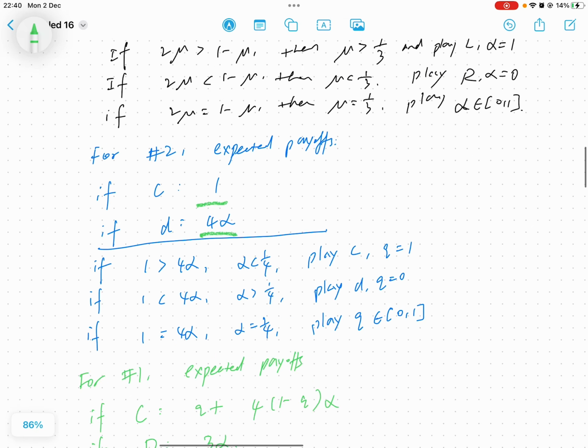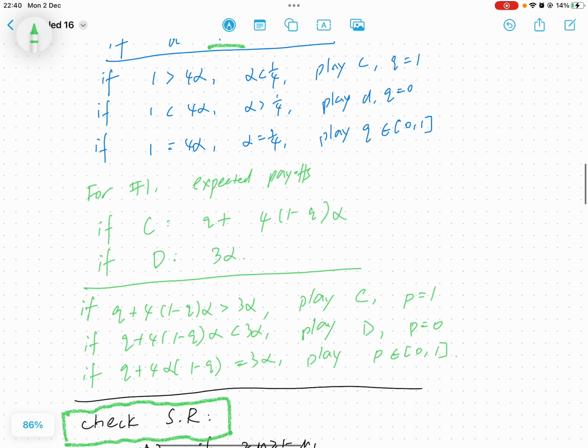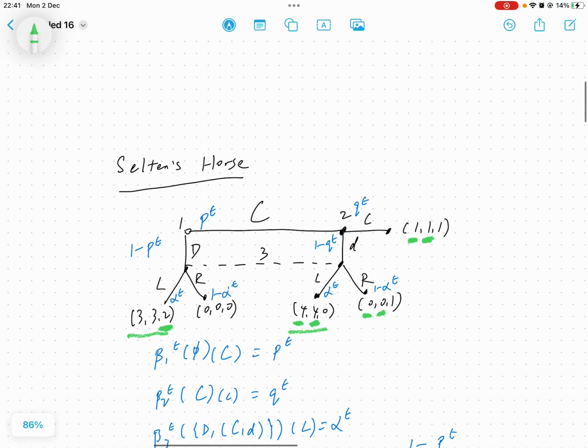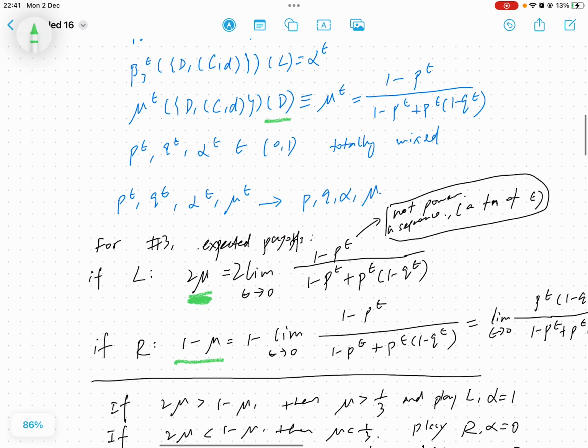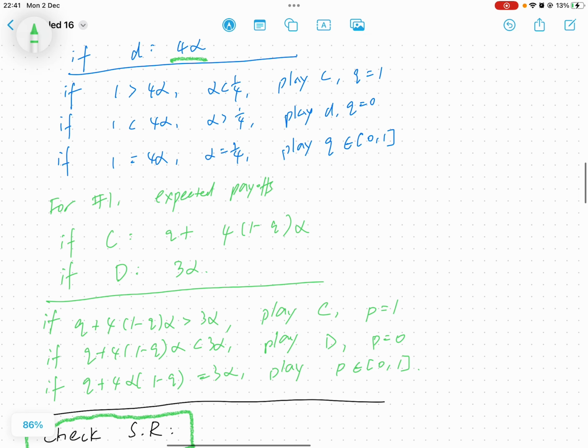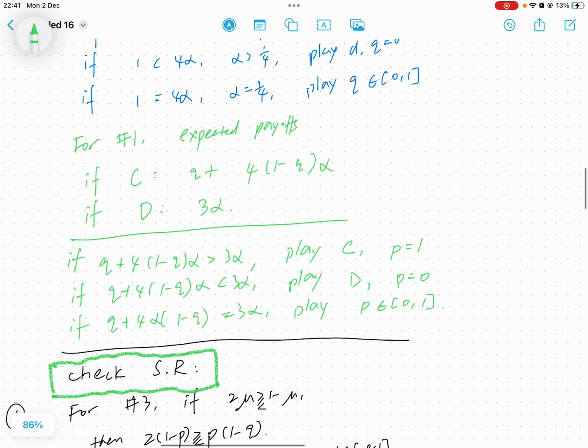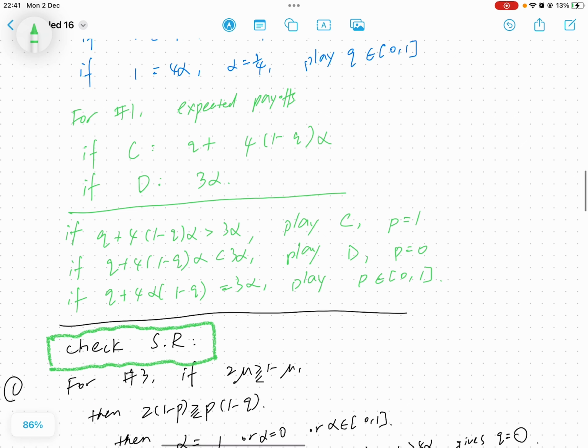So this would be Q plus 4 times 1 minus Q times alpha. Similarly, if player 1 plays D, then player 1 could get either 2 or 0 with the probability from player 3's strategy, so that will be 3 alpha. Good, and similarly we could compare those two numbers.